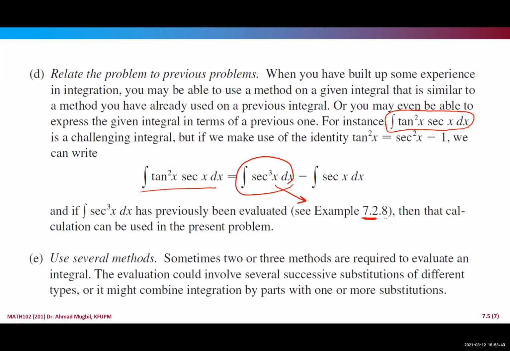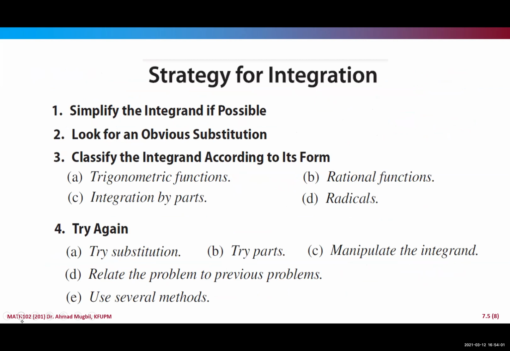Use several methods, and this is of course the last strategy. Sometimes one method is not enough. You may need to use substitution, then integration by parts, or integration by parts, then substitution. It depends on your integral. You may use several methods. Let me summarize the strategy of integration for you. Simplify as much as possible.